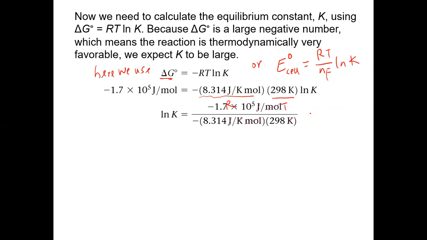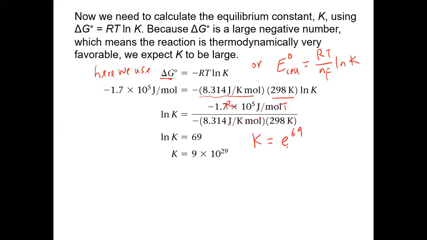So we see the cancellation of the units, and then we see ln K equal to 69. So K will equal e to the positive 69.